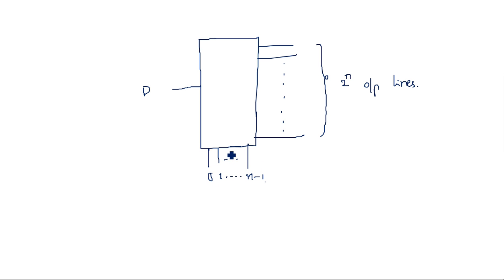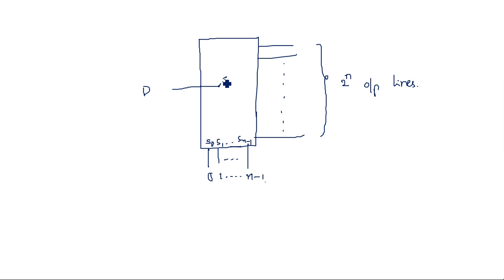So you can write it as S0, S1, and so on, Sn minus 1. This is the input which will be transferred to the output based upon the selection lines. So we can say it is the data distributor.